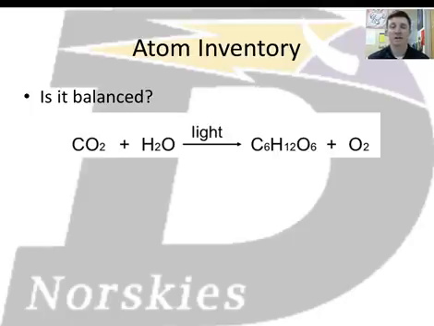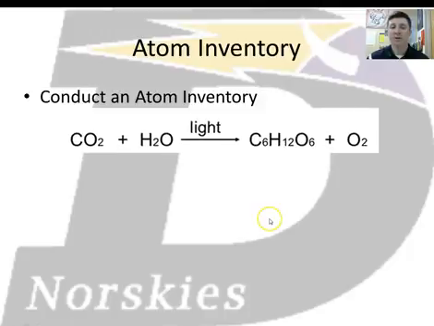So with that being said, how do you do an atom inventory? The very first question you have to ask yourself is, is this chemical reaction balanced? If you don't know, you have to do an atom inventory to figure it out.